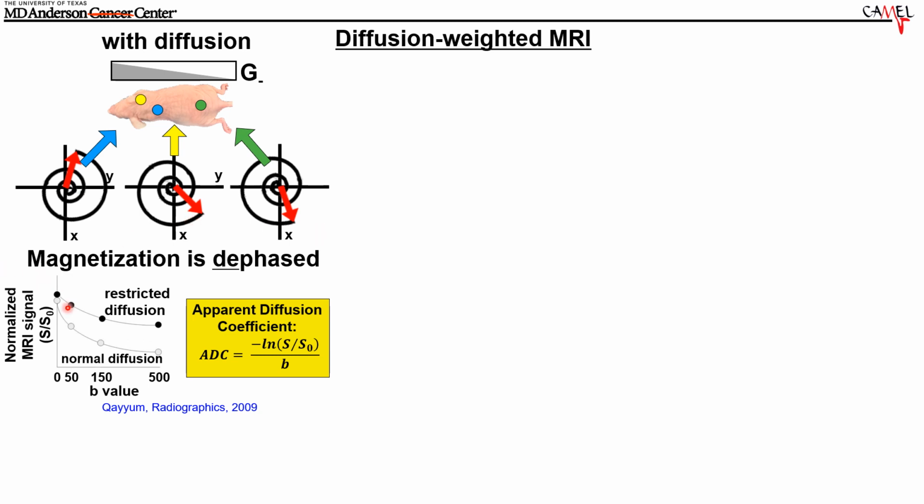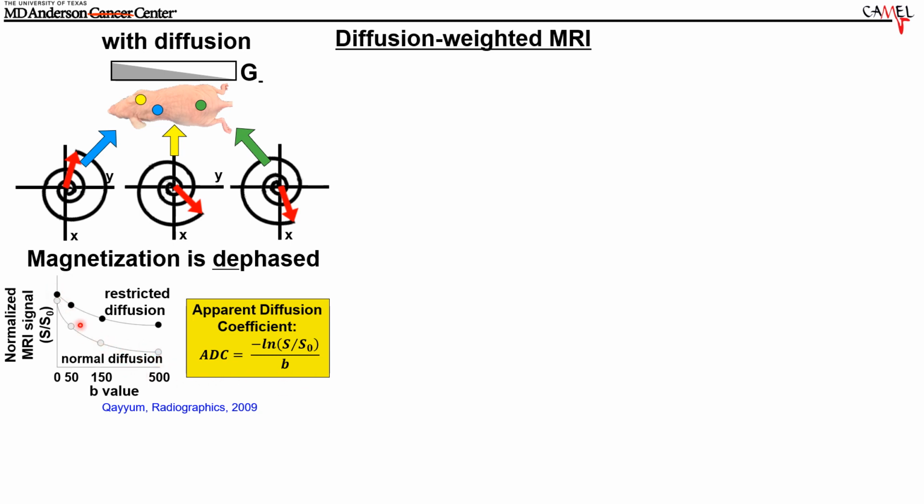And so that's seen here, where if you have restricted diffusion, you really get the normalized MR signal to be about the same as if you didn't do this whole diffusion weighted experiment, right? There might be a little bit of diffusion, but you've restricted it quite a lot. With normal diffusion, these water molecules with hydrogen atoms or protons can move around a lot, and that causes a major loss of signal.